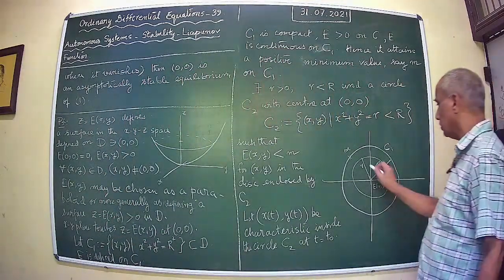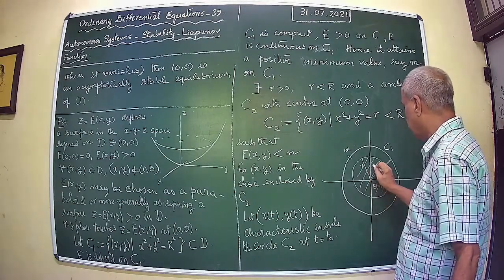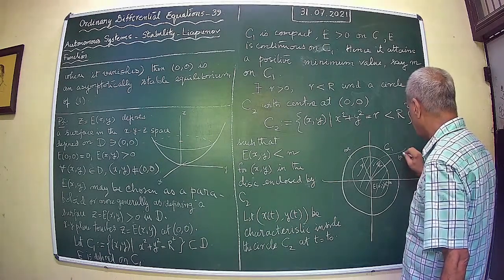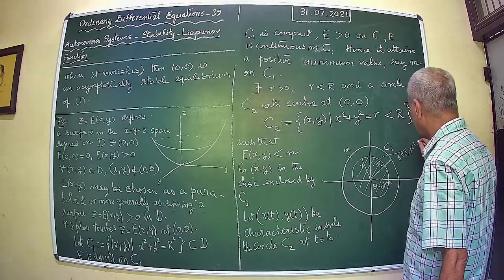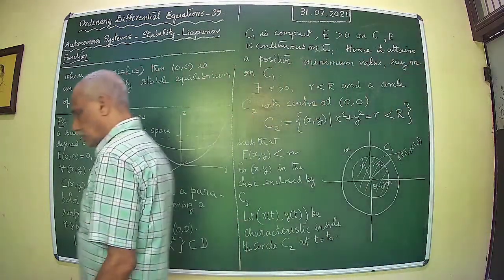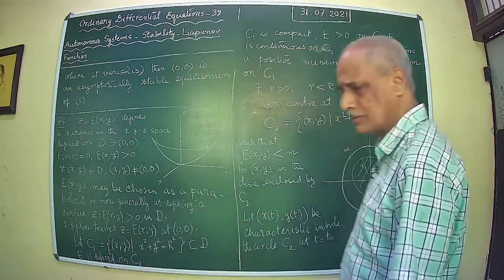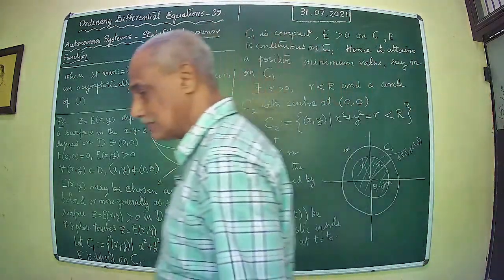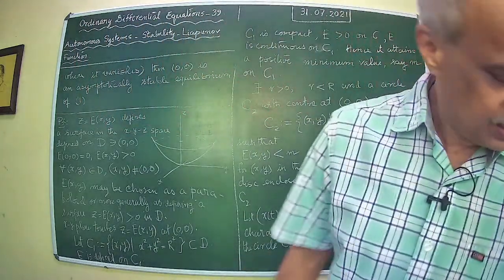So x(t0), y(t0) is some point here. Now we look at the behavior of this characteristic.